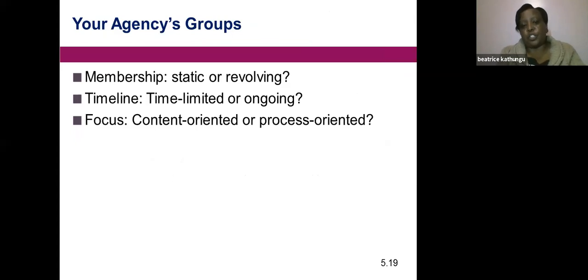Now, the question here is, what does your agency do? Does it have static or revolving groups? Does it have time-limited or ongoing groups? Does it have content-oriented or process-oriented groups? Can we just have 2 or so people giving us examples of the kind of groups you have in your programs? Yes, anybody raise your hand or put in the chat?